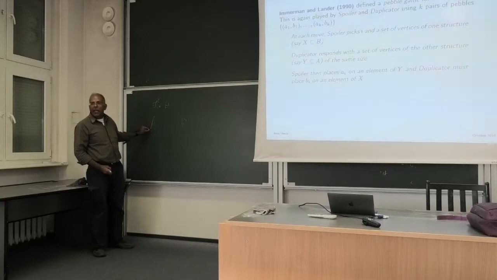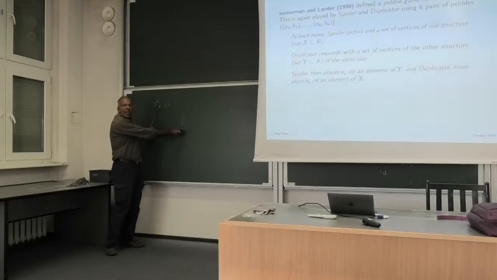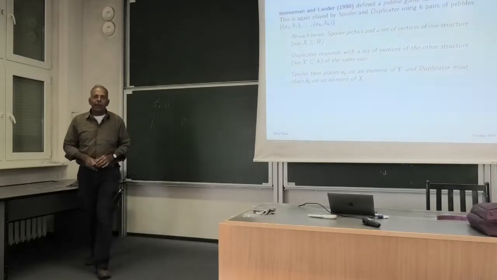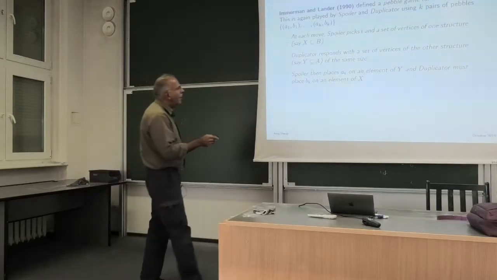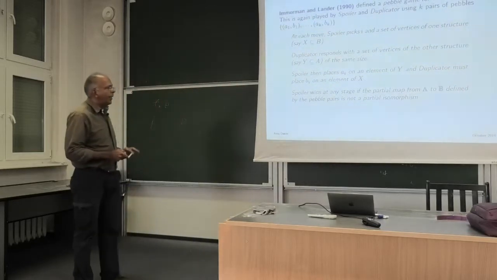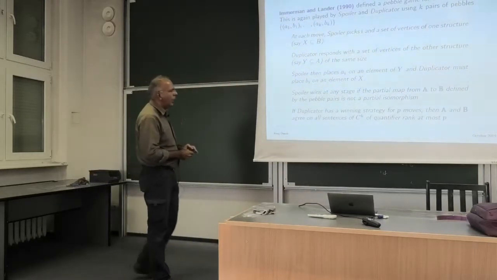Duplicator places a pebble on the element in the set that Spoiler had chosen, but by choice, theta is true for all of these. So now in the remaining pebble position, theta differentiates them. And this is an argument by induction on the quantifier rank. Spoiler has a winning strategy, okay? At any stage, this is the usual thing: Spoiler wins if the map is not a partial isomorphism.